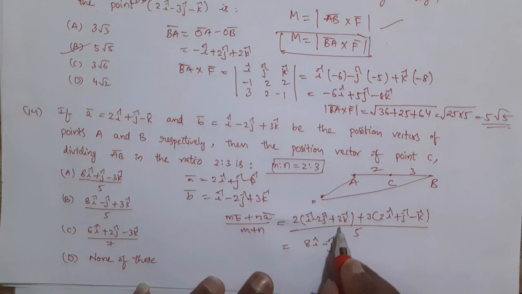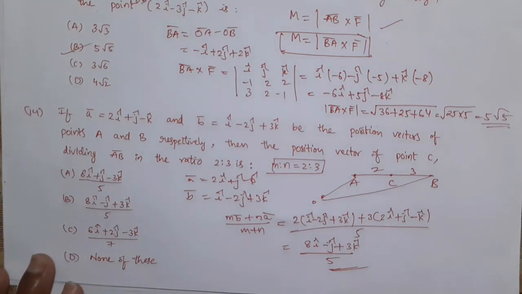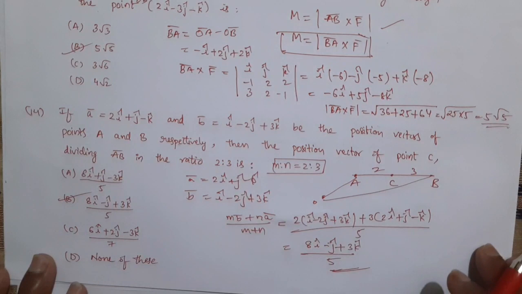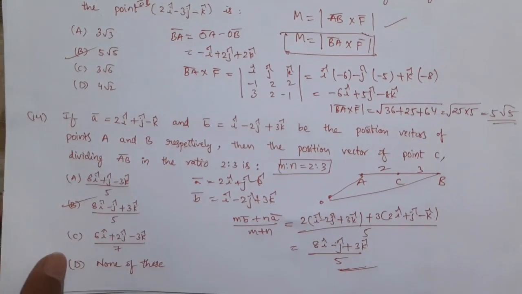Then 2 into 3 is 6, 6 minus 3 is 3 K cap, divided by 5. So you observe the option with plus, minus, plus, which is option B. Very simple, this is a question based on the section formula. Next question.